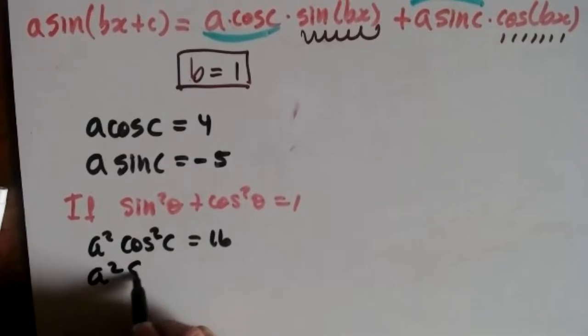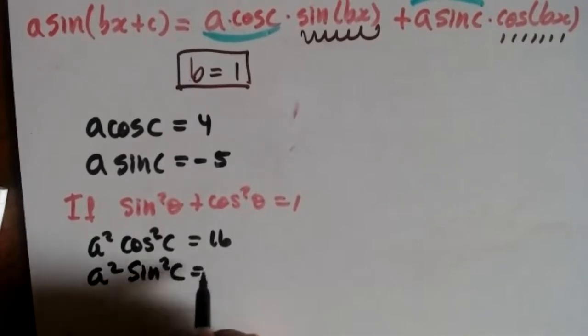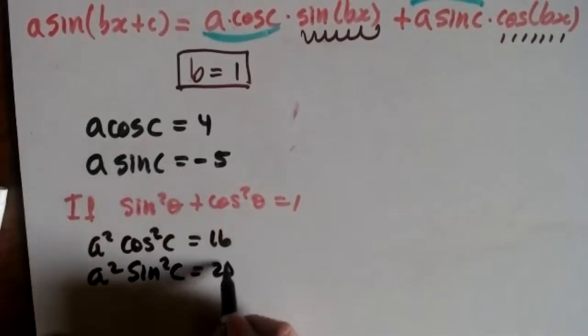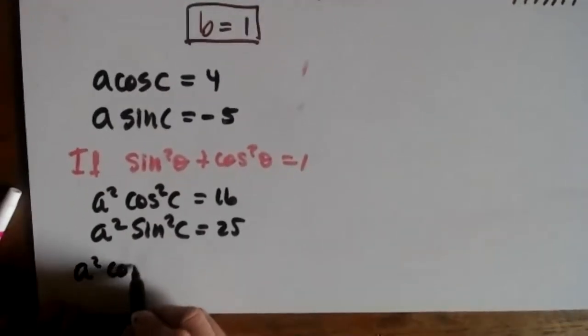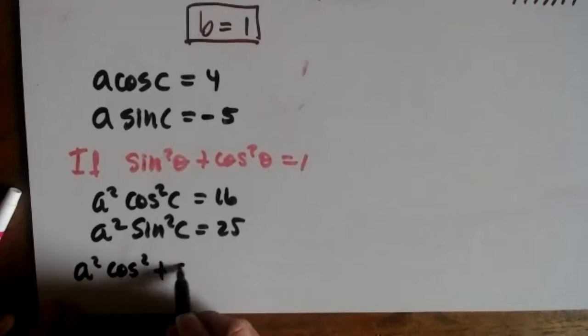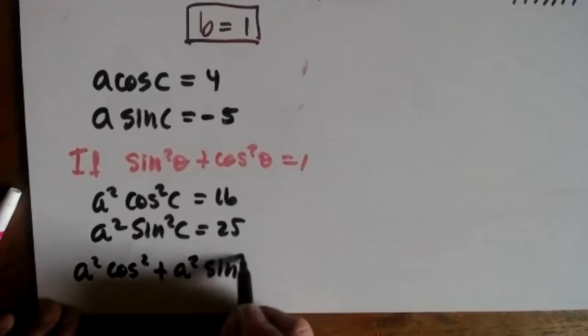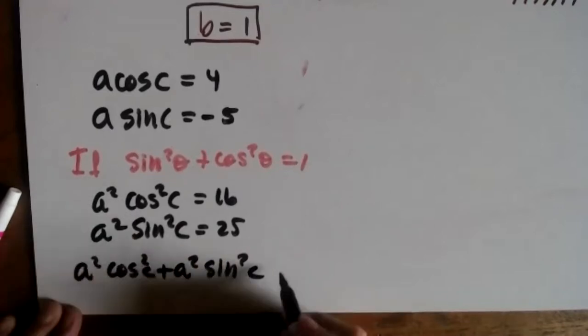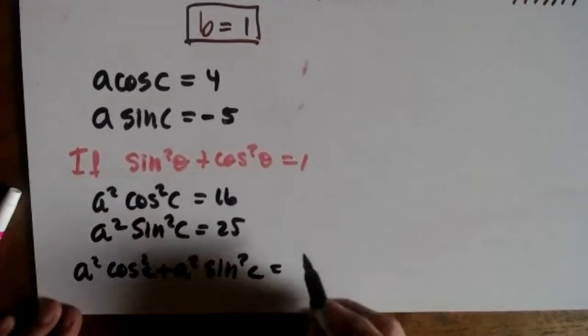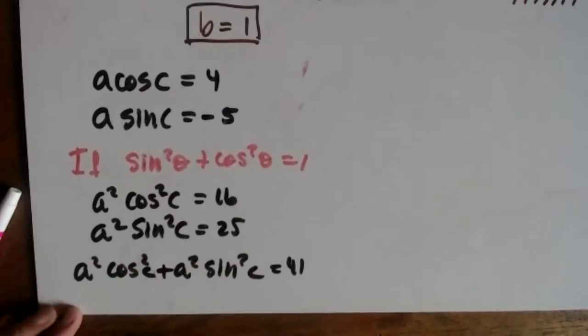A square sine square of c equals -5 squared is 25. So a square cosine square plus a square sine square is going to be 16 plus 25, 41, correct?